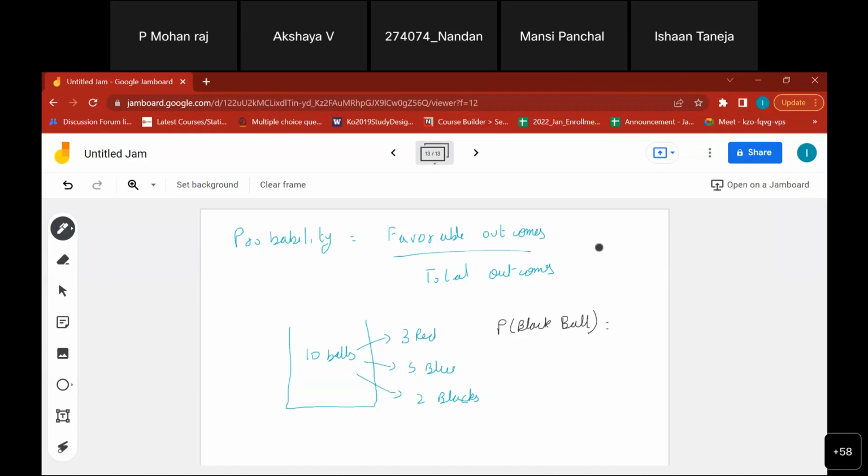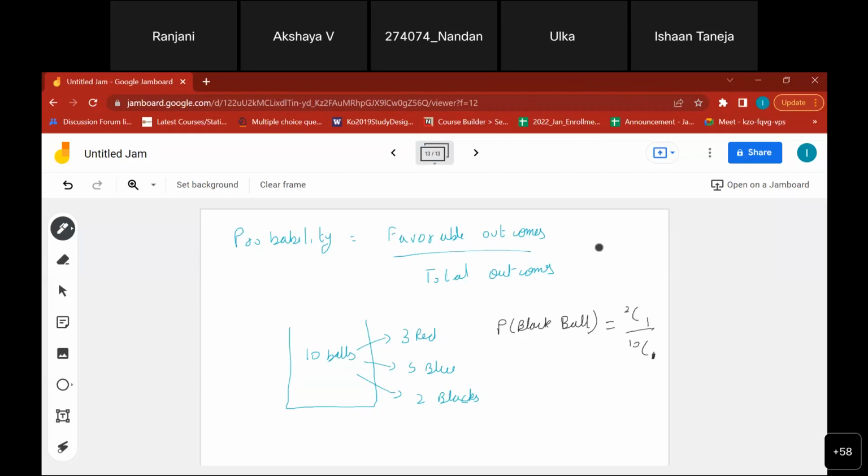Okay. So you're choosing only one ball out of the 10, yes. And the probability that it's a black ball. I think it would be 2C1 divided by 10C1, which is 1 by 5. Yeah, 1 by 5 it is.